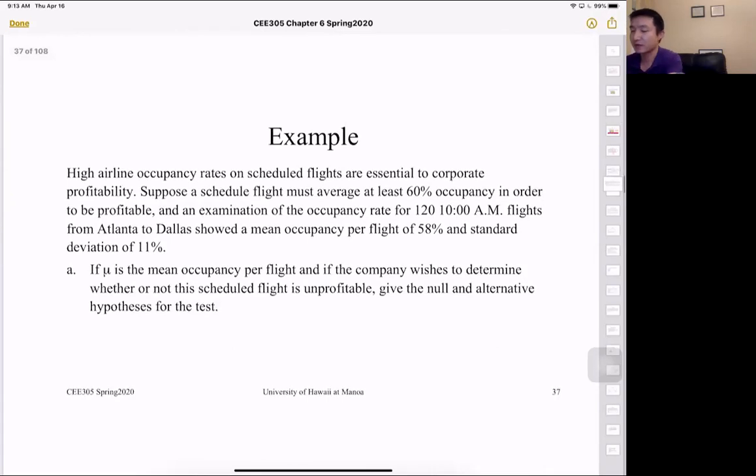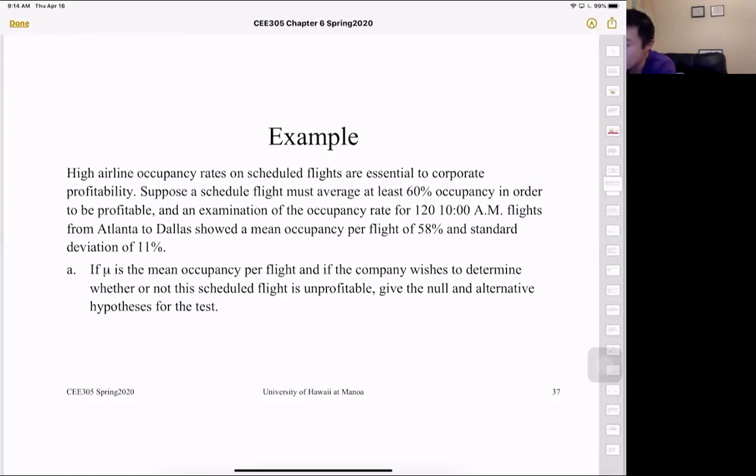So let's look at another example. All right, so we have a high airline occupancy. High airline occupancy rates on scheduled flights are essential to corporate profitability. So suppose a scheduled flight must average at least 60% occupancy in order to be profitable. So if less than 60%, it is not profitable.